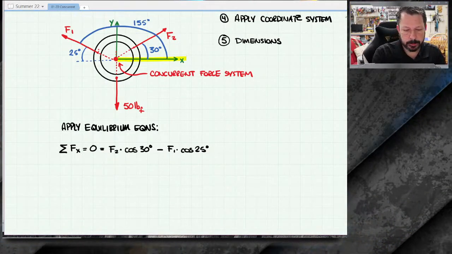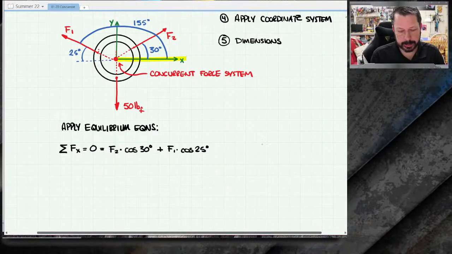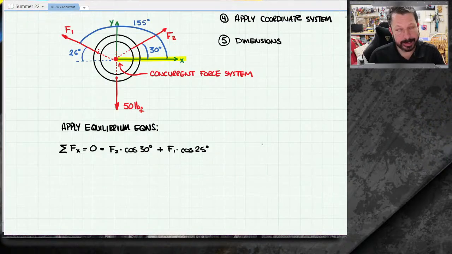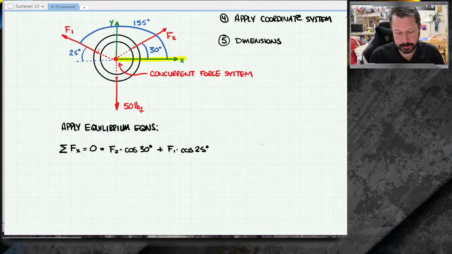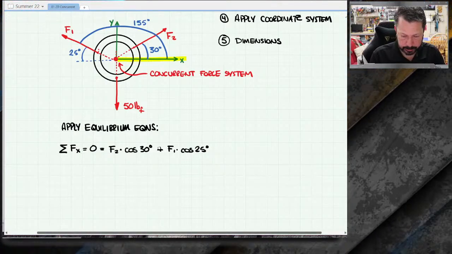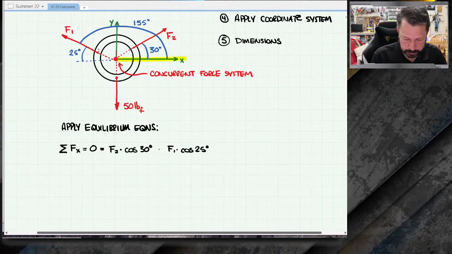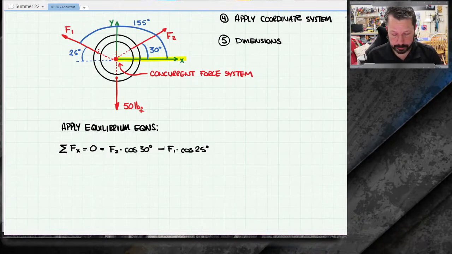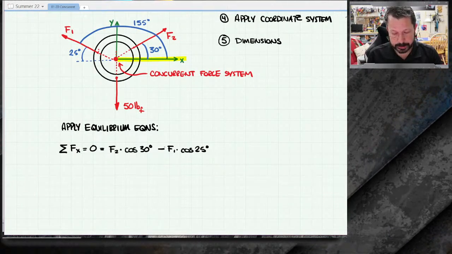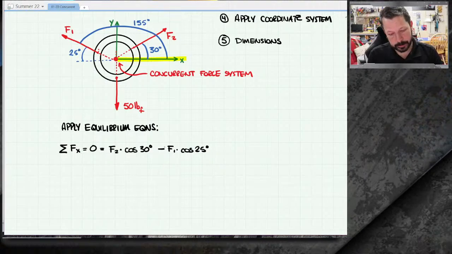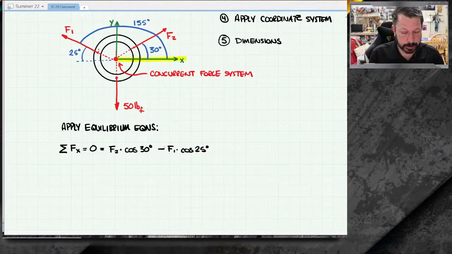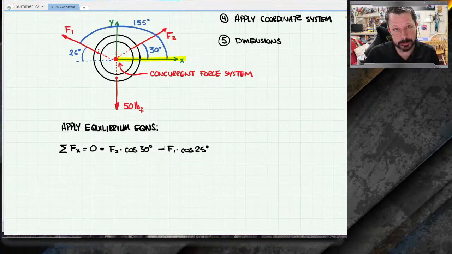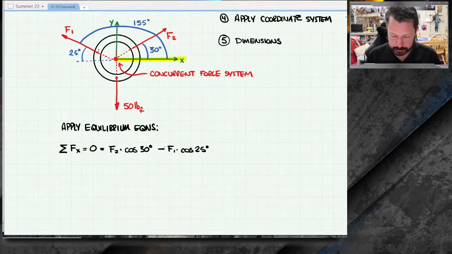Then everything you put in here is just going to be plus, plus, plus, and let the actual cosine of 155 or whatever it is take care of the plus and minus signs. So be careful with that. I am doing minus F1 times the cosine of 25. If you use the 155, then you need to do plus F1 times the cosine of 155, because the cosine of 155 is going to introduce a negative sign itself.